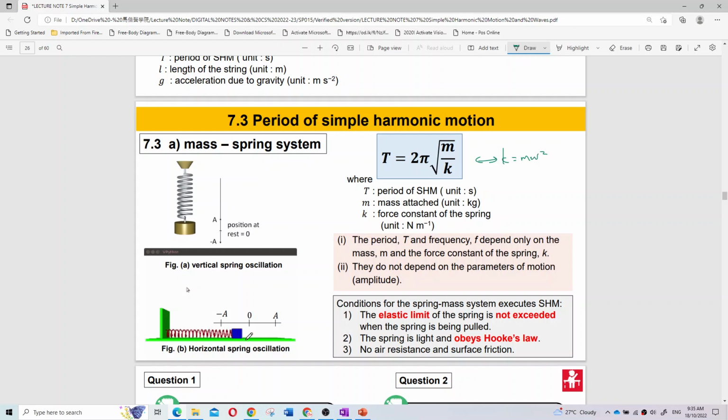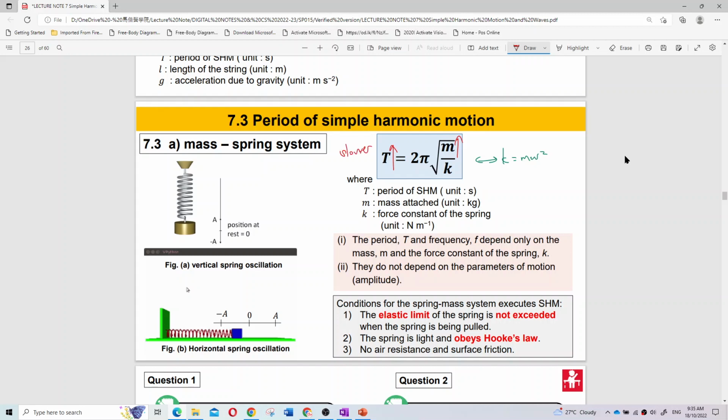So period is m over k, the force constant. Period and frequency depend only on mass and force constant. Like I said just now, if you have a higher mass, it oscillates with a longer period. Longer period means slower oscillation.